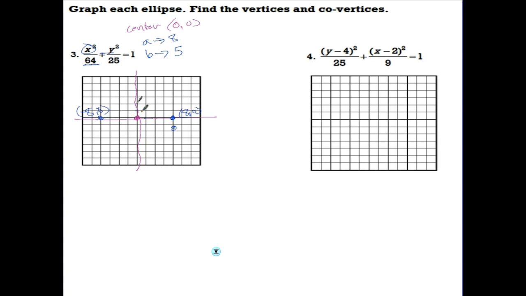So this is 2, 4, 5 is right here. And then 2, 4, 5 is right here. Sketch it. There we go. Voila.